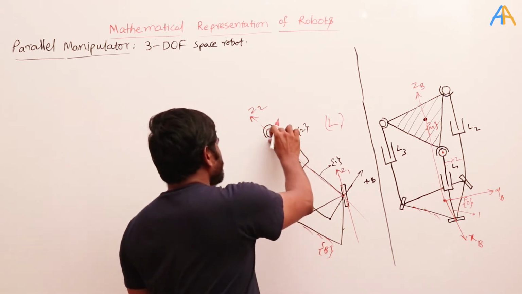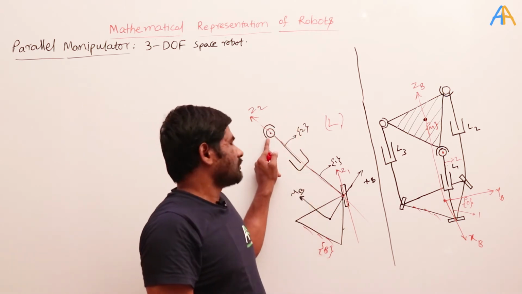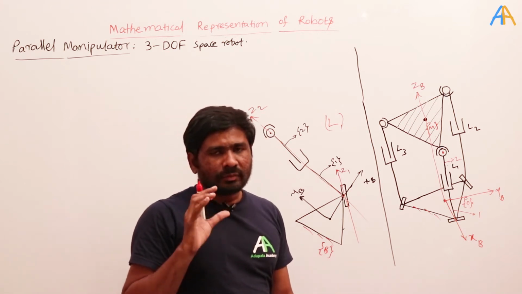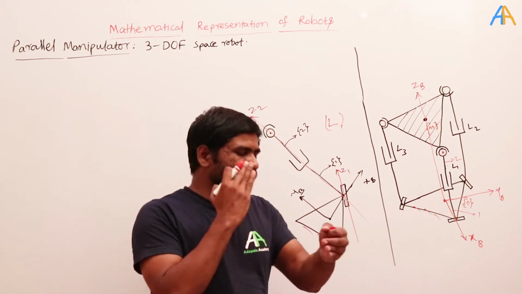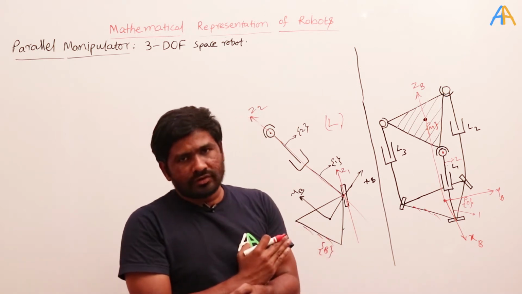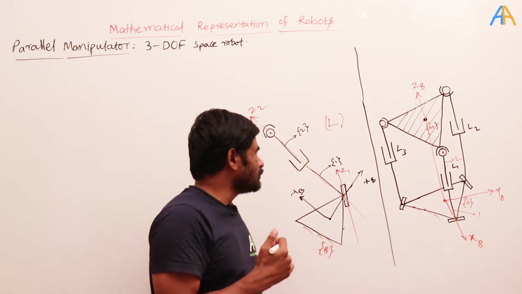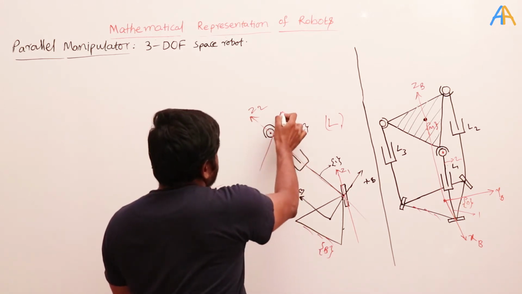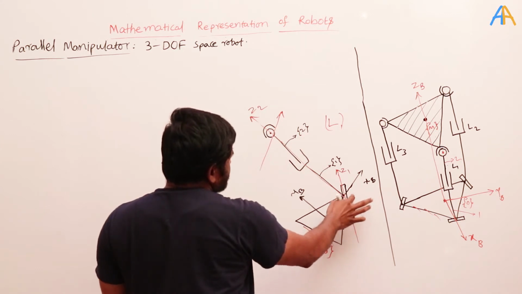And here we have 3 more revolute joints. The wrist, the spherical joint, is nothing but 3 mutually perpendicular revolute joints. I will take one revolute joint here which is parallel to the Z1.